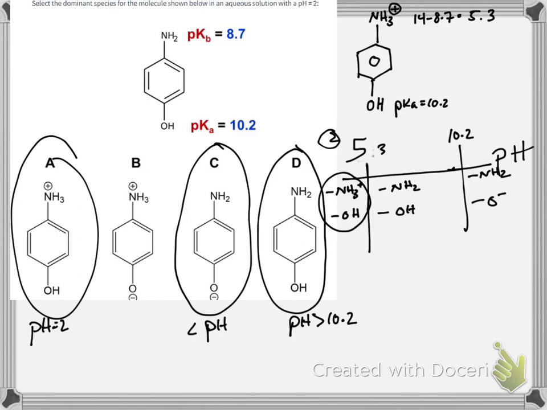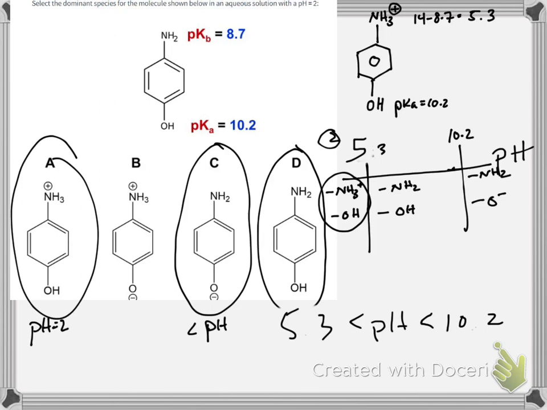So 5.3 less than pH less than 10.2, that's going to be option D, right? So any range in there is going to have a neutral nitrogen and OH.